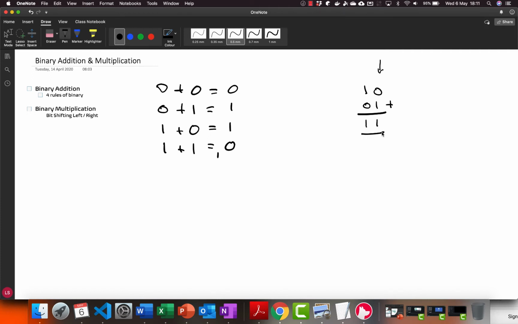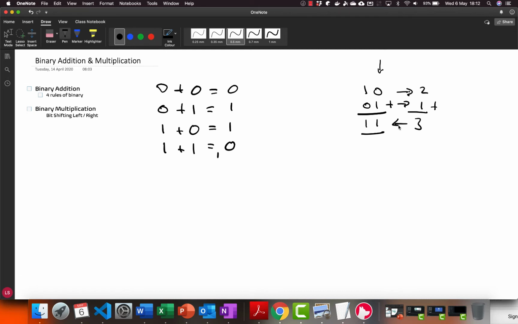So the answer is 1 1. And also, if you think about it, 1 0 in decimal is 2. 1 on its own in decimal is 1. 1 plus 2 is 3, and in binary, that would be 1 1. So you can see that these things all work together, but we just need to understand what's going on when the computer adds these two numbers together.